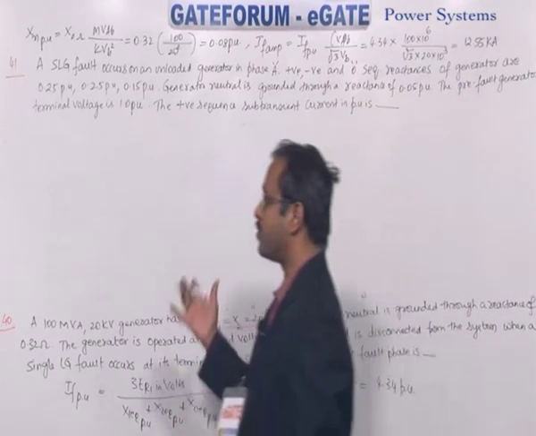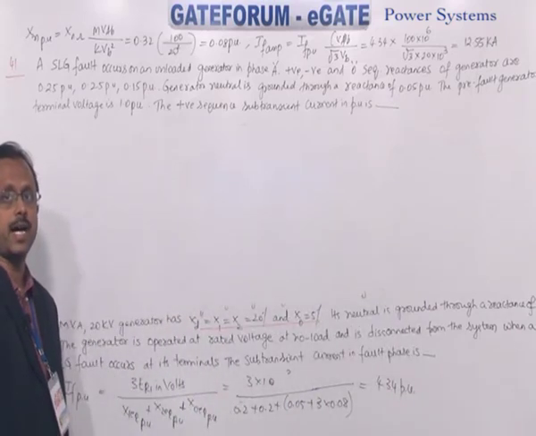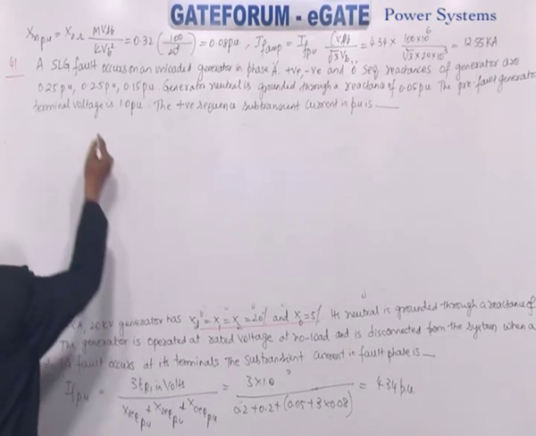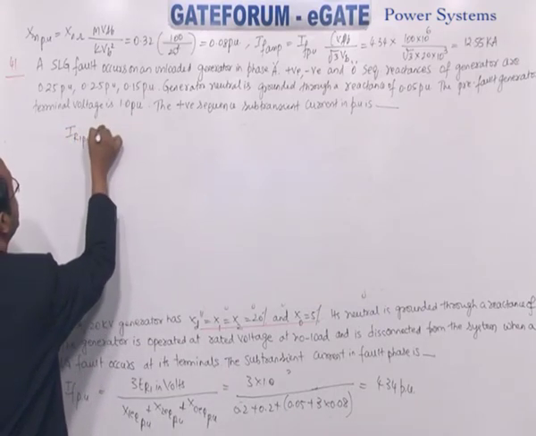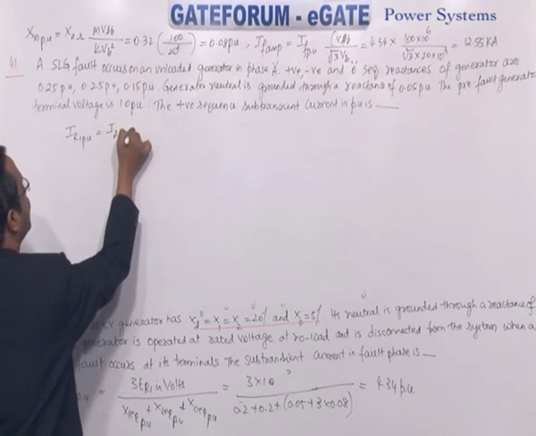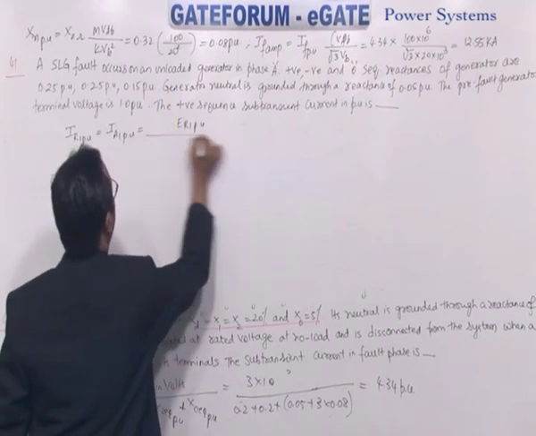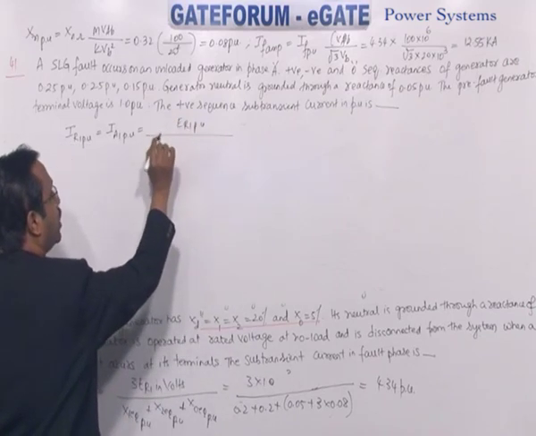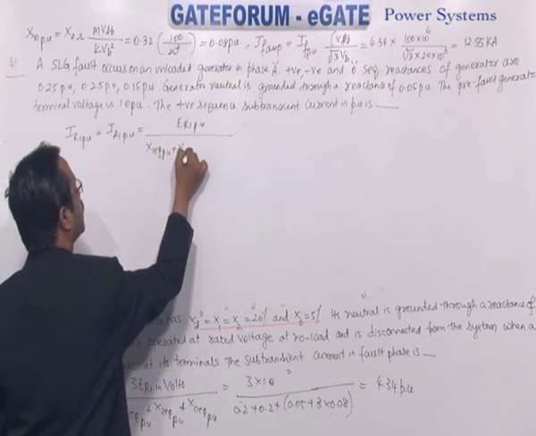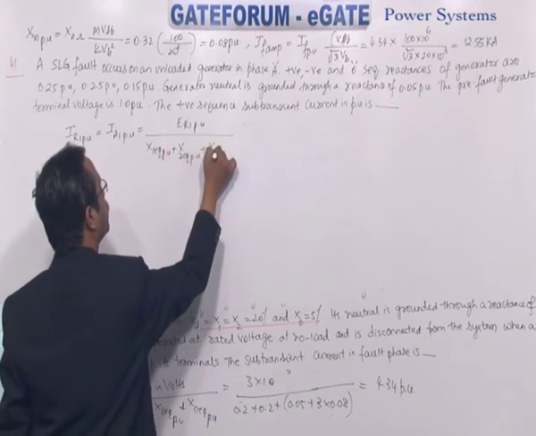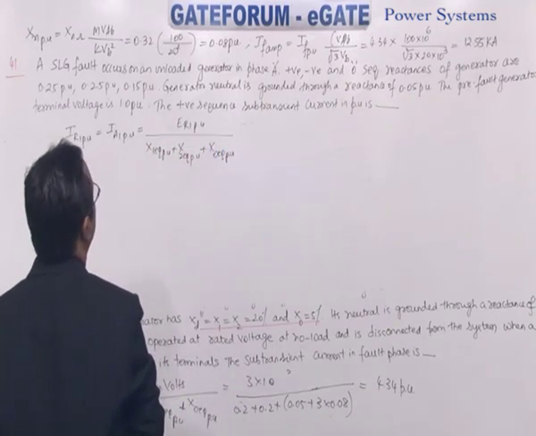In all the previous 5 questions you calculated the subtransient reactance. Positive sequence means we have to find IA1 per unit, since it is given as phase A. So what is the formula we write? IA1 is ER1 by, not 3ER1, only ER1, over X1 equivalent plus X2 equivalent plus X0 equivalent.